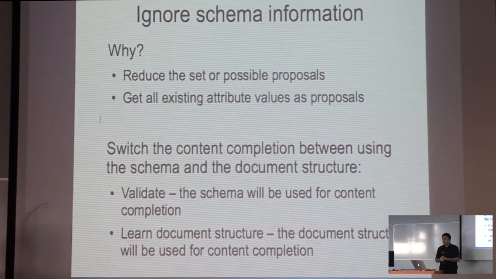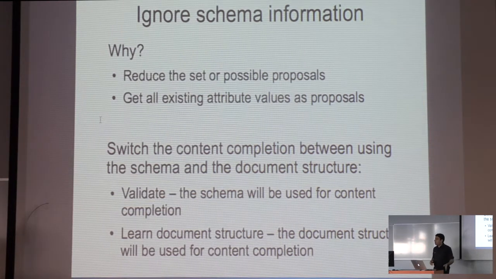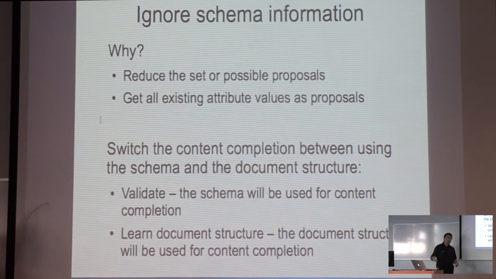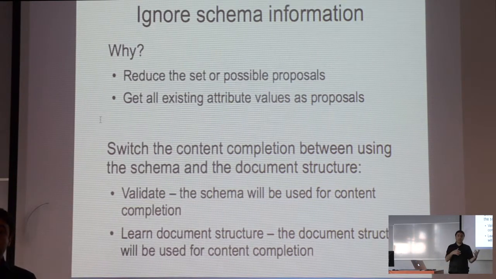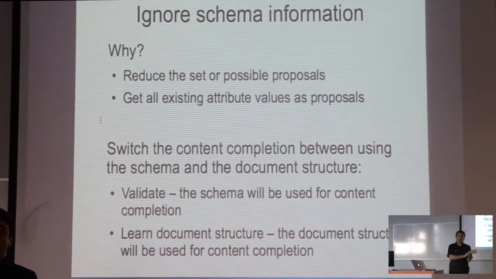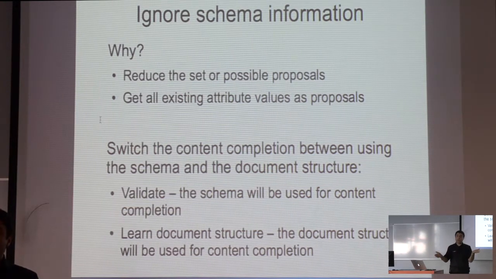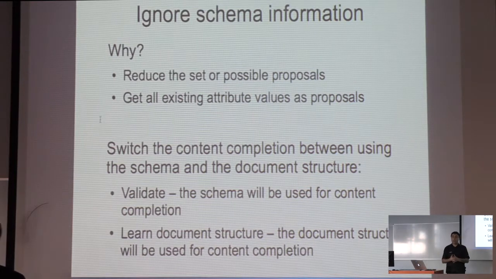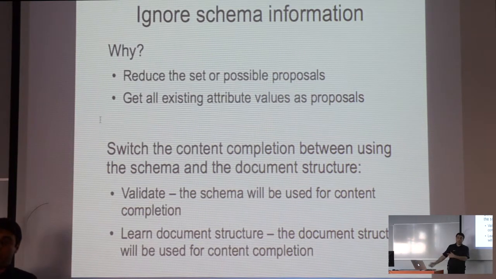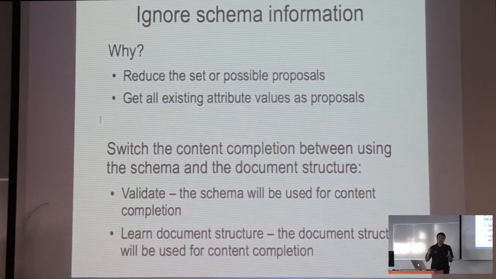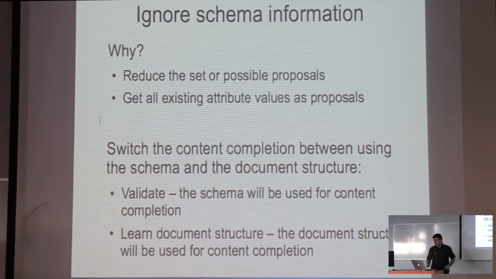And it's useful also because you get all these attribute values, and in some cases, as I said, if you have like 5 values that are useful and you will reuse them for an attribute, you can immediately insert them. Although those values are not specified as an enumeration in the schema and so on. So using the schema information, you cannot obtain those values basically.